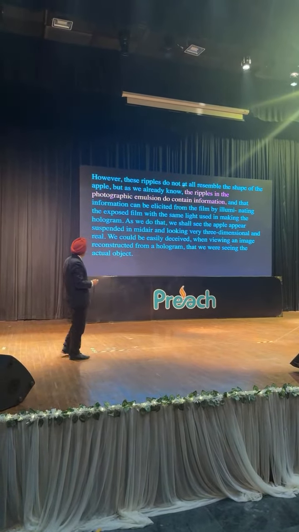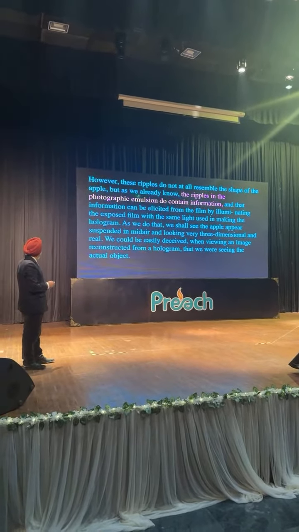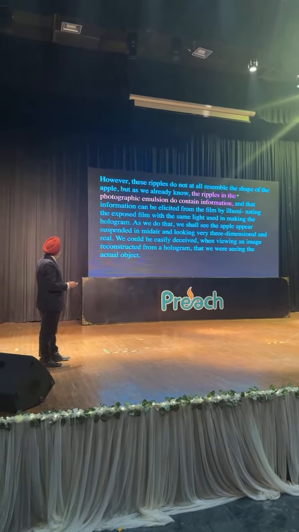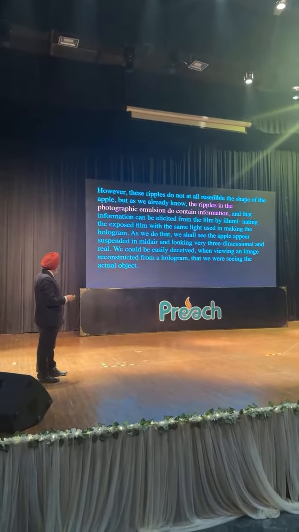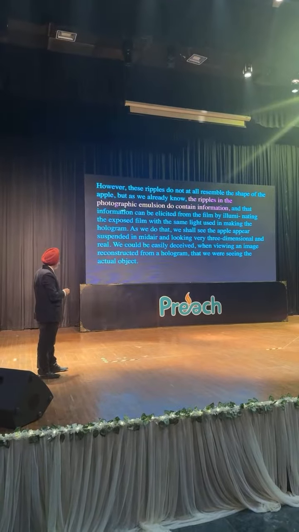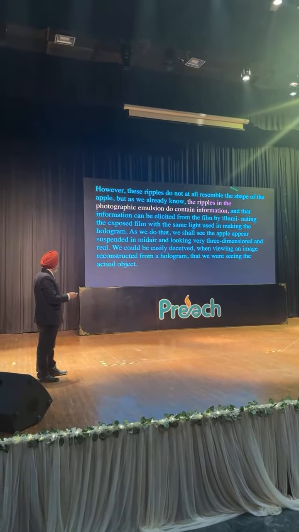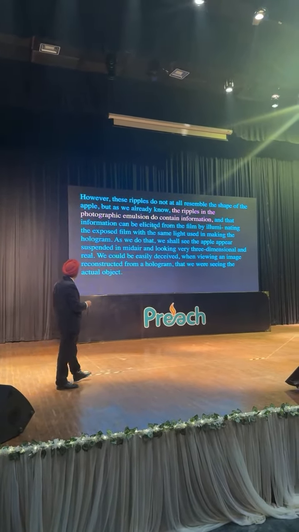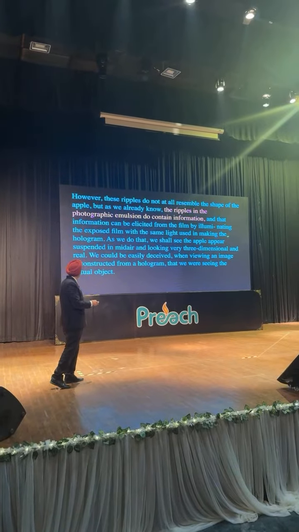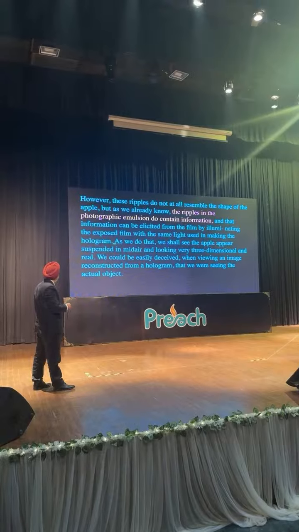However, these ripples do not at all resemble the shape of the apple. But as we already know, the ripples in the photographic emulsion do contain information. And that information can be elicited from the film by illuminating the exposed film with the same light used in making the hologram.